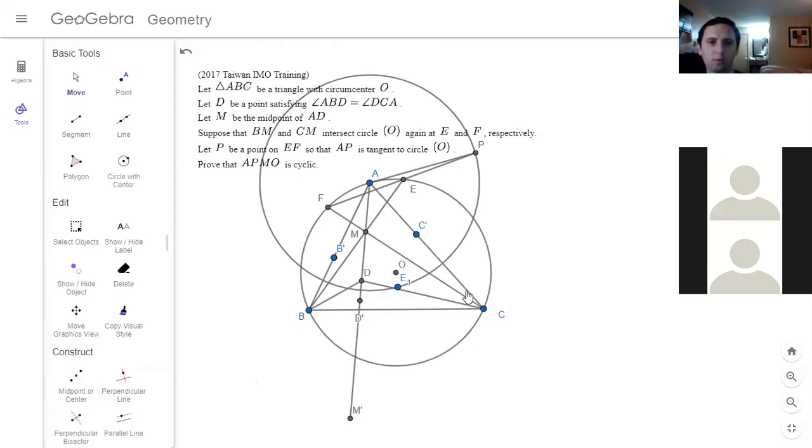Well, we didn't think about O. Yeah, we'd have to think about where E and F are, and how do we get P? I think it might be a little tricky, because then we have to find E prime and F prime.